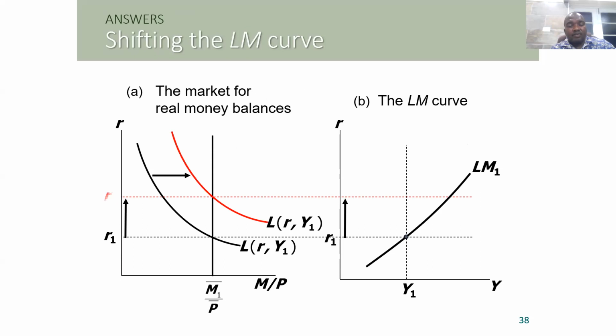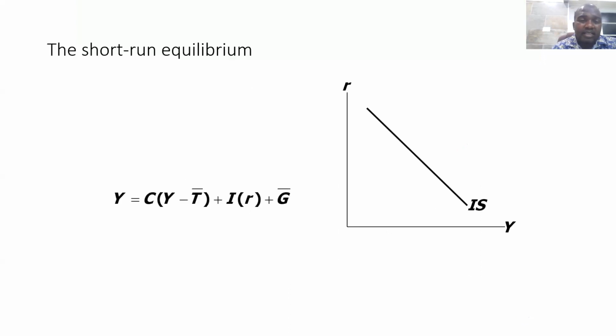If it increases, it forces people to demand real money balances in order to transact in this economy, which causes the LM curve to shift upwards. It becomes more costly to transact with cash because cash will be in high demand at the expense of other forms of payment like credit cards.